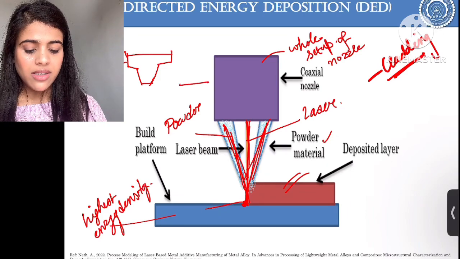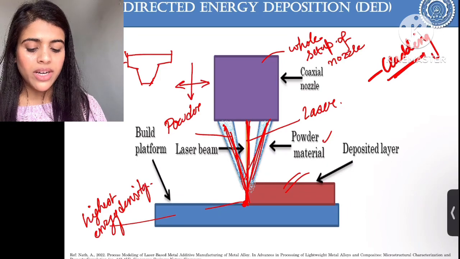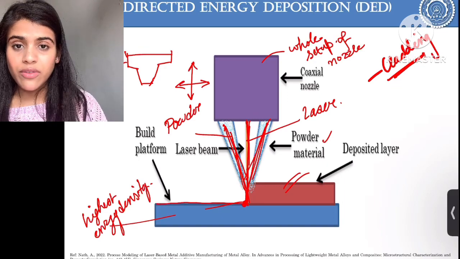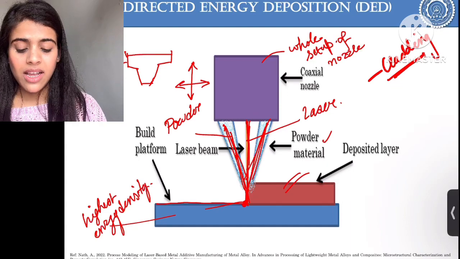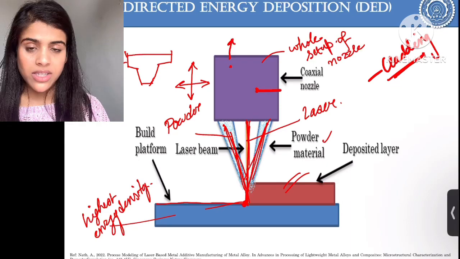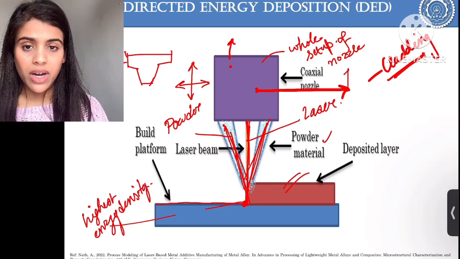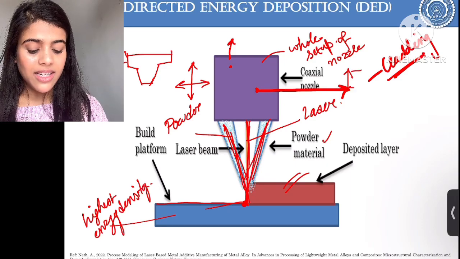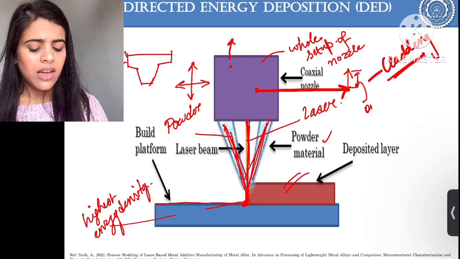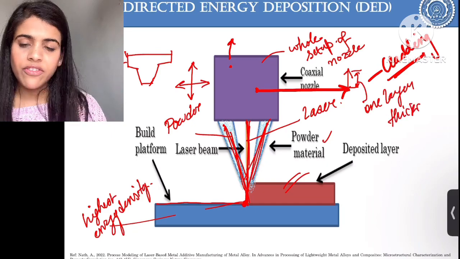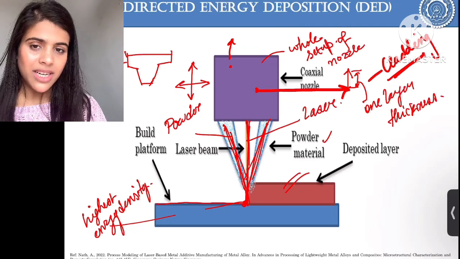In this fashion, this nozzle will move from one direction to another, and the whole layer will be printed. When one layer is done, this nozzle will come back to its original position, and from that position it will move upward by one layer, and again another layer will be printed, and because of the heating of the laser, it will get fused with the previously deposited layer.